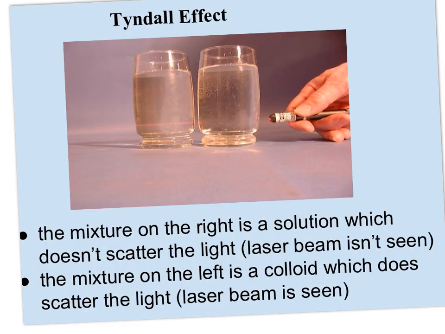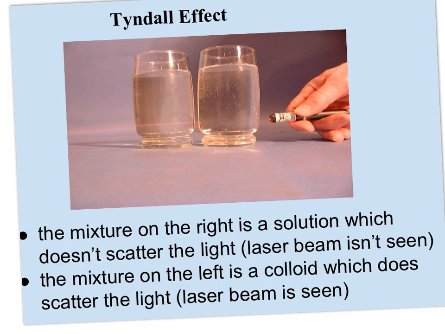On this side, I've got an example of someone demonstrating the Tyndall effect, and you see there's two liquids. They both look fairly clear, although if you look carefully, the one on the left does appear a little bit cloudy. On the far right, you see somebody shining a laser through, and you don't see the laser in the liquid on the right at all, although you can see it on the edges of the glass, but not in the liquid itself.